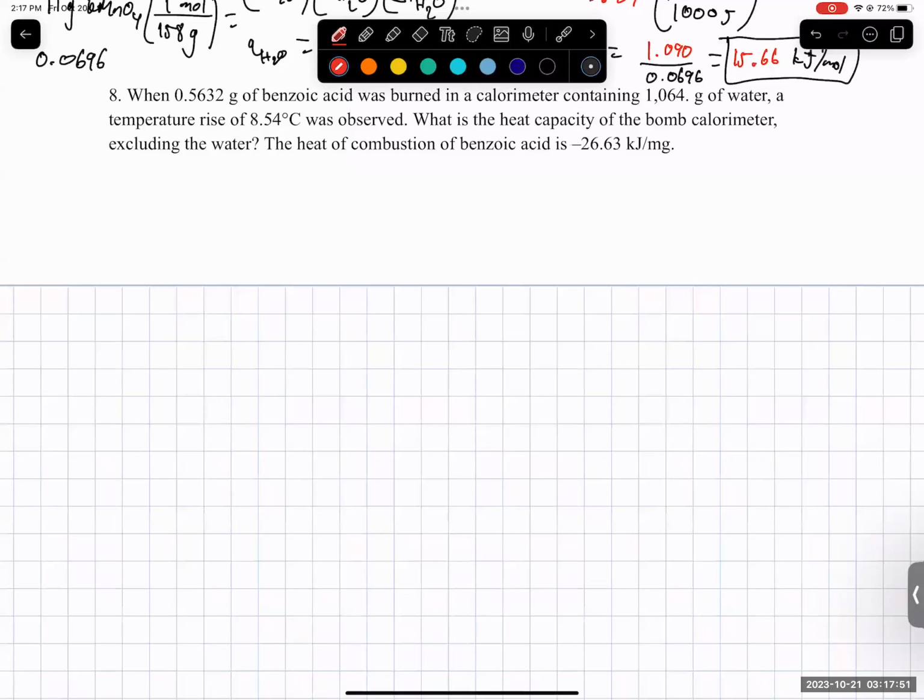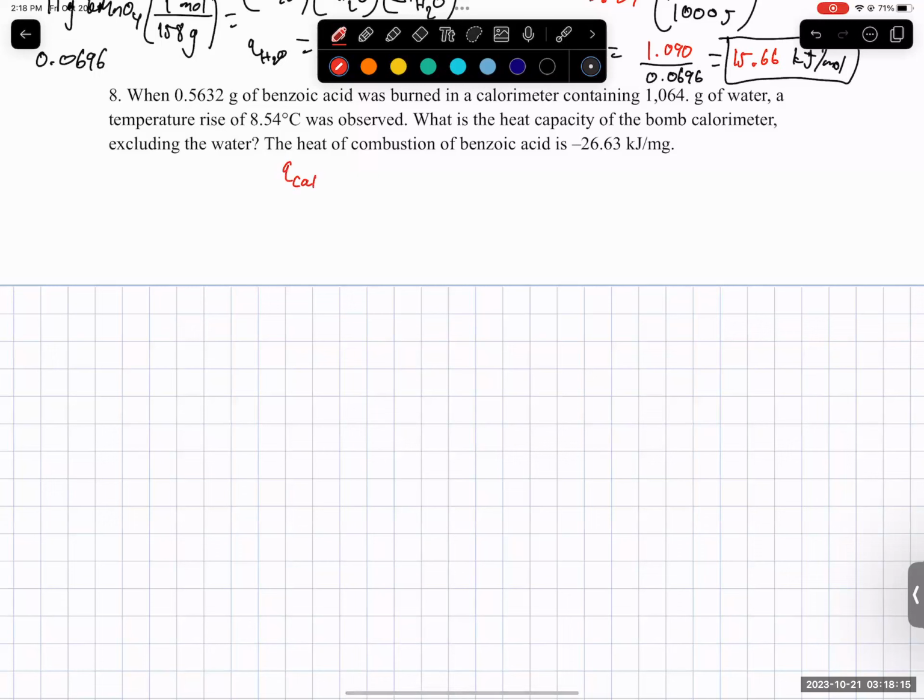All right, what's our equation again for bomb calorimetry? You're close. C cal equals Q cal over something.